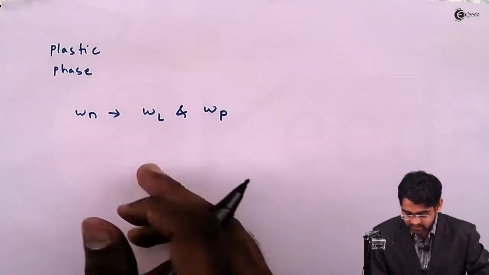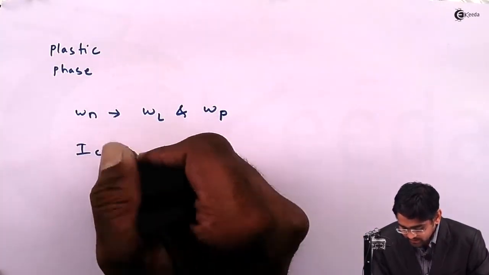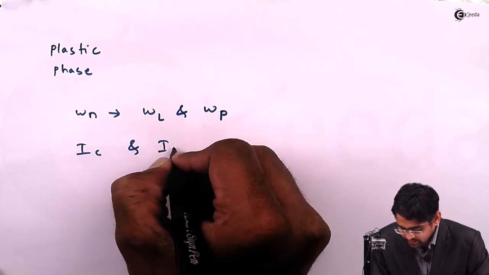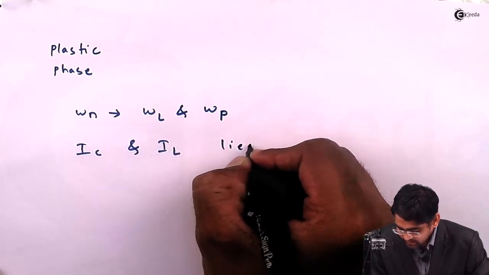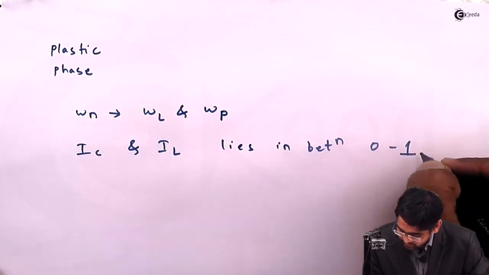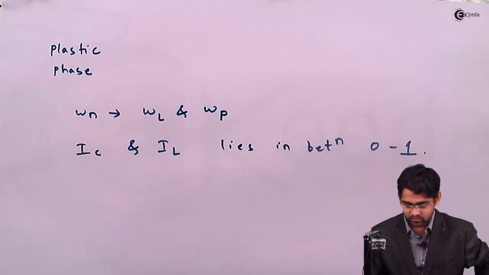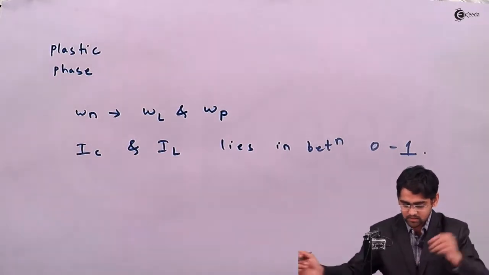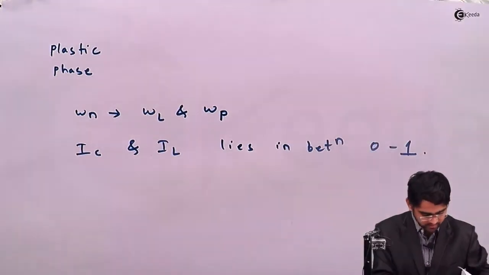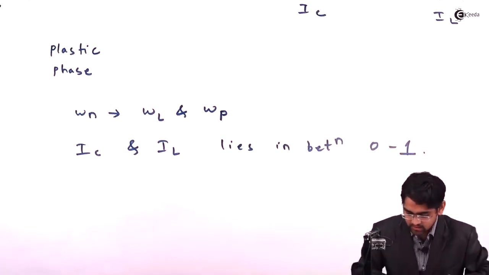Then the consistency index and liquidity index lie between 0 and 1. Here we have 4 subdivided cases depending on the liquidity index and consistency index.